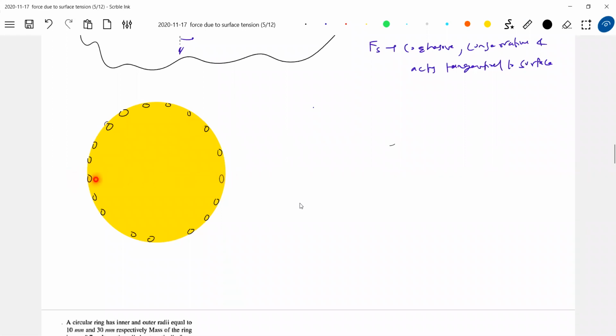Tell me how the force should be acting. If you cut this drop into two equal parts, you get a hemisphere, like a lemon. So here shall we go for a half drop? Numericals will be very difficult unless you develop this particular visualization.